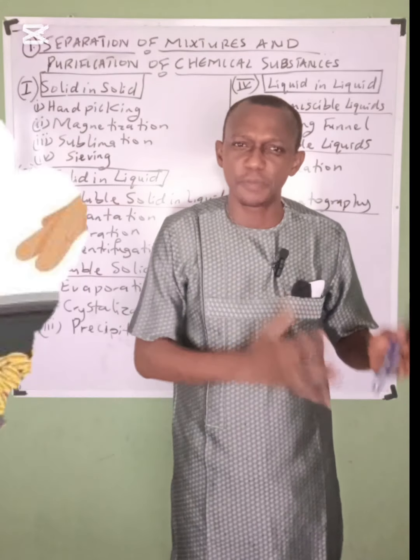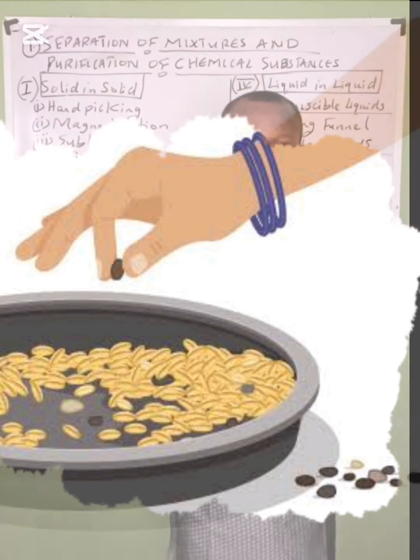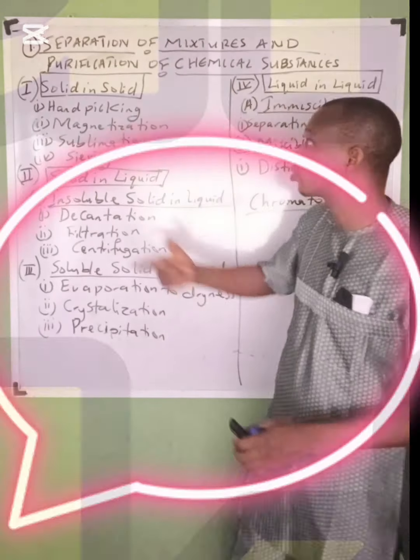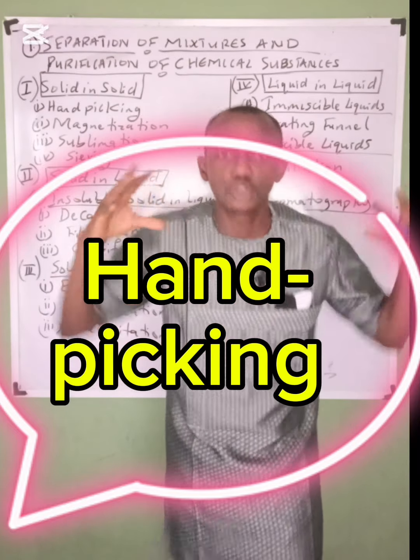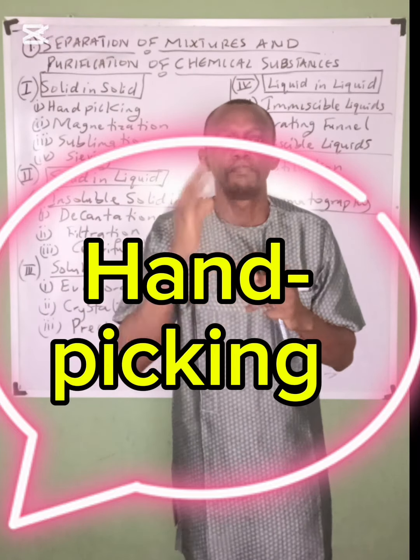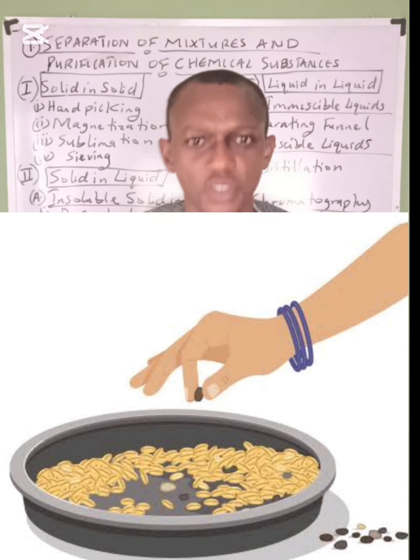Let's say, for example, we have beans and we have rice. If you have to separate them, you can be hand picking the beans because of the quality. You know the color of the beans, you know the shape of the beans. So the first one is what? Hand picking. Hand picking is a separation technique which we use to separate two solid mixtures based on their differences in qualities.